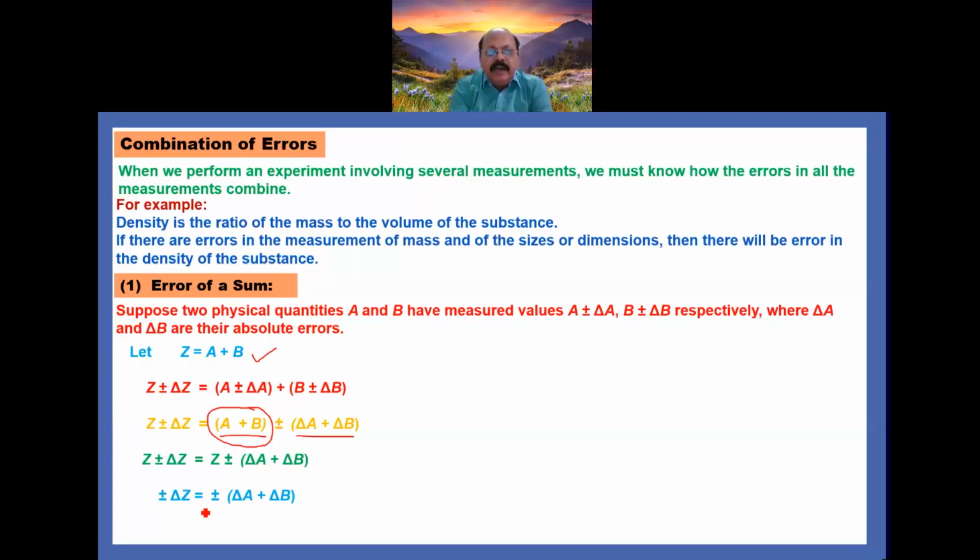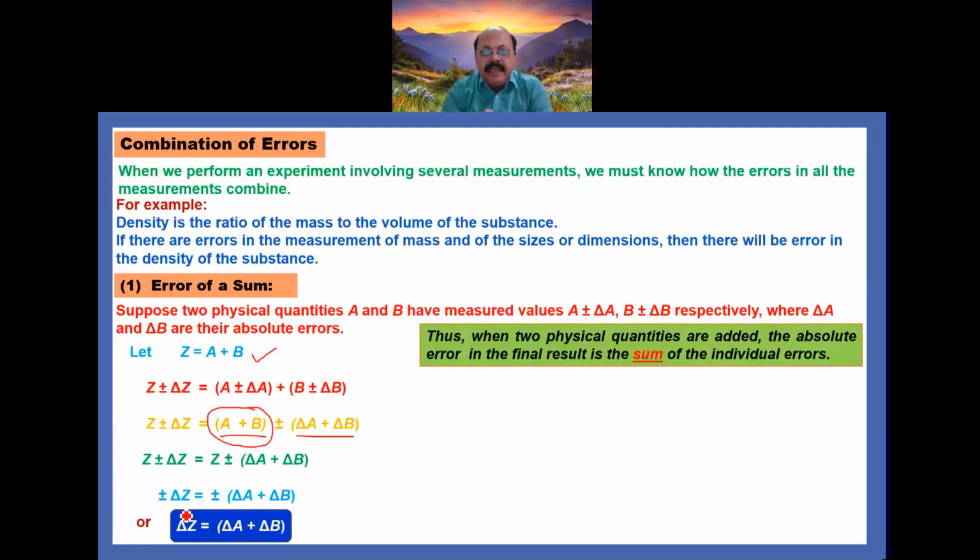So finally what you will get: plus minus delta Z equals plus minus within bracket delta A plus delta B. So from here you are getting the maximum possible absolute error, delta Z equals delta A plus delta B. Otherwise you are getting the four values, that is plus delta A plus delta B, plus delta A minus delta B, minus delta A plus delta B, minus delta A minus delta B. But the maximum possible error is delta Z equals delta A plus delta B.